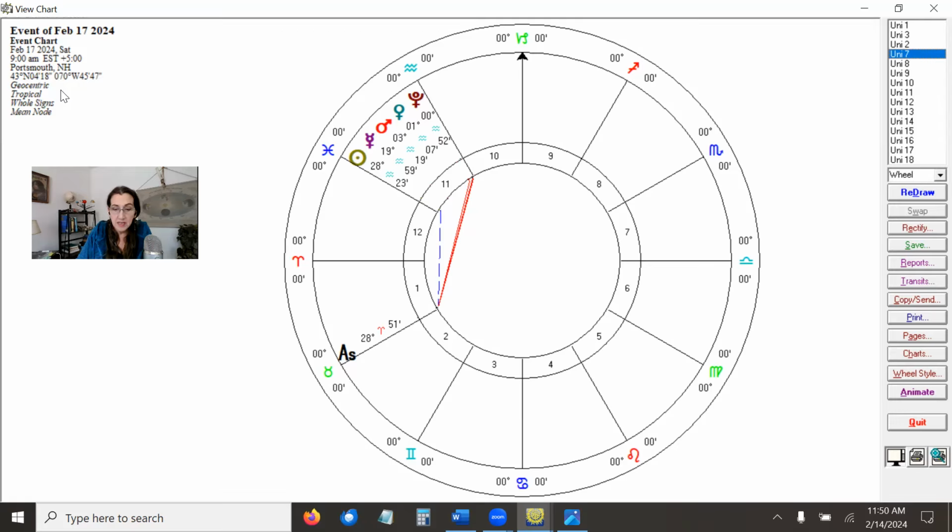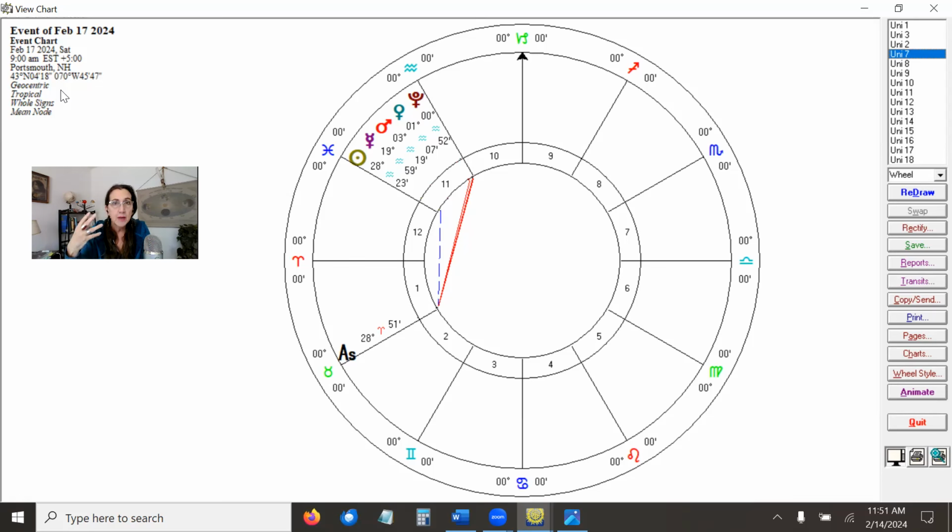And now that it's in the 11th house, the natural placement of Aquarius, as you can see here, what in your life, friendships, your social network, and the things that are important to you, the collective things, the groups, right?